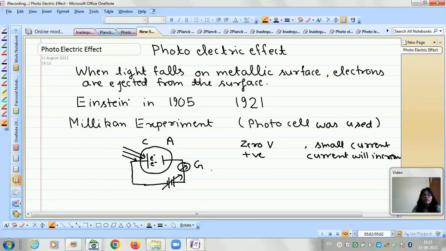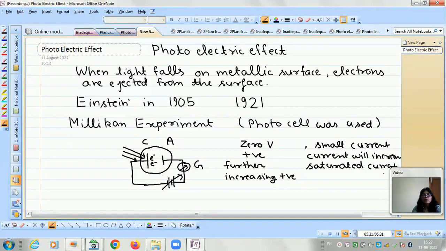Now on further increasing the positive potential, after a certain time there will be saturated current, means current will no more increase.